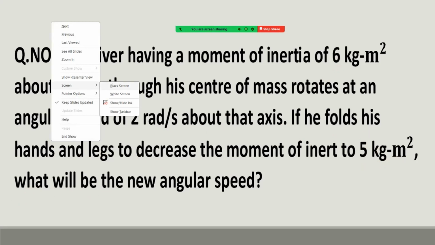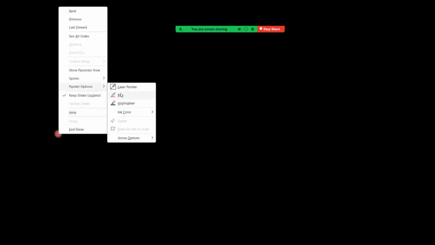Now see once, very simple and direct question. Simply we can write I omega is a constant. Means I1 omega 1 is equal to I2 omega 2. Okay. Initial I value 6, omega value 2. Finally I value 5, omega value we have to calculate.